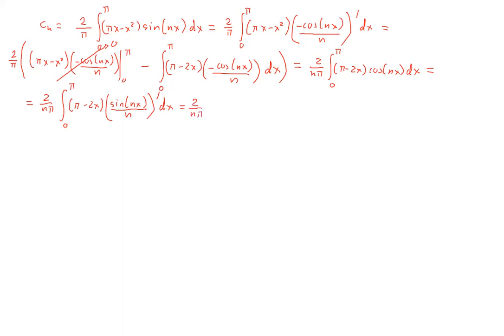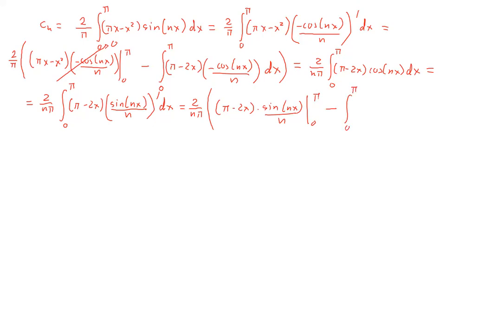And I open a big parenthesis where I perform our integration by parts. Pi minus 2x times sine of nx over n from 0 to pi minus, and I will have the integral from 0 to pi of what?